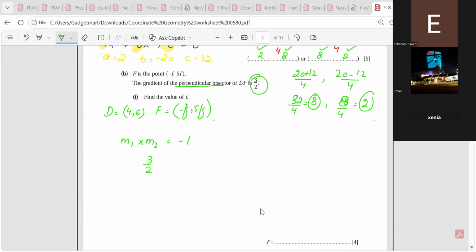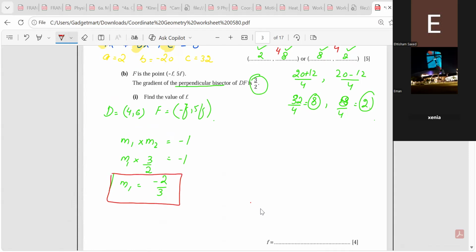So this is the second line. So 3 by 2 and m1 will be equal to minus 2 by 3. So in the very first step we have found the value of slope, gradient m. So हमने सबसे पहले step 1 में we have found the value. ठीक है जी? So m1 equals minus 2 by 3.